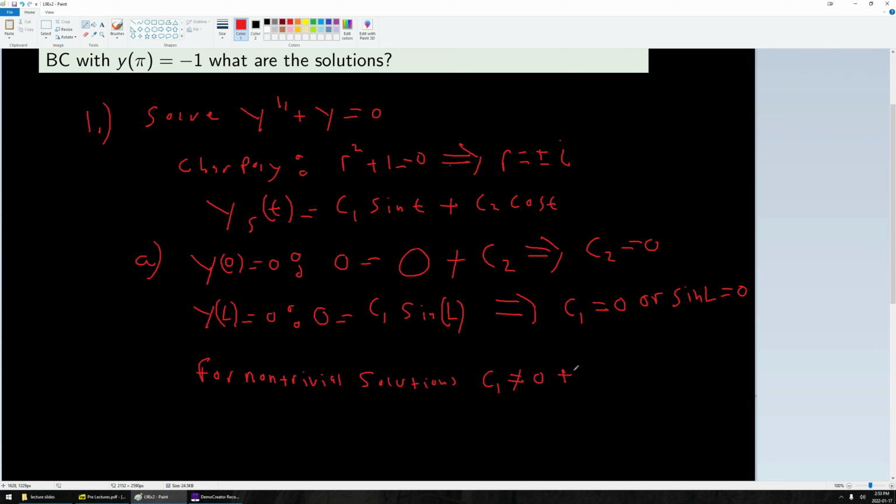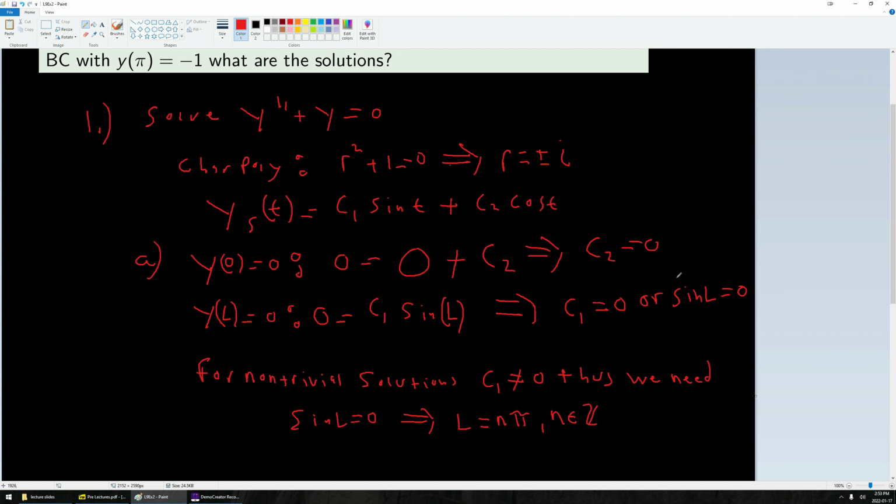Thus, we need to have that sin(L) is equal to 0. Okay, so sin(L), when is that 0? Well, sin(0) is 0, and sin(pi) is 0, and sin(-pi) is 0, etc. So this implies that L has to be n pi for some n in the integers.